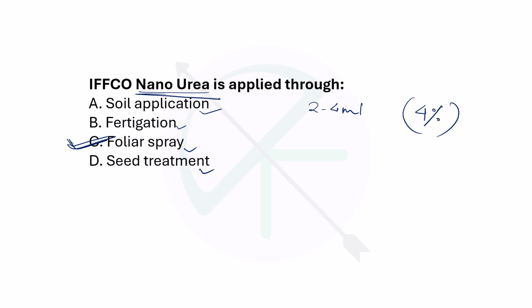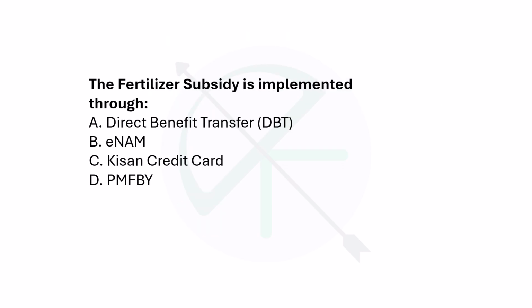What specialization does this fertilizer have? It is absorbed directly through the leaves' stomata, and it provides the plant with necessary nitrogen. So option number C is the right answer.